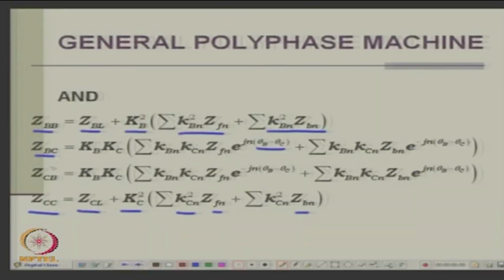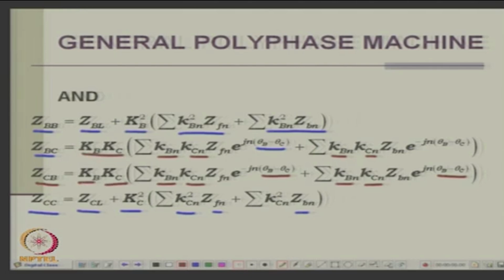Therefore, ZBC and ZCB will have the angles theta B minus theta C, and the winding factors or turns ratios will be multiplied in, that will be KB KC, because we are referring everything to the A winding turns.